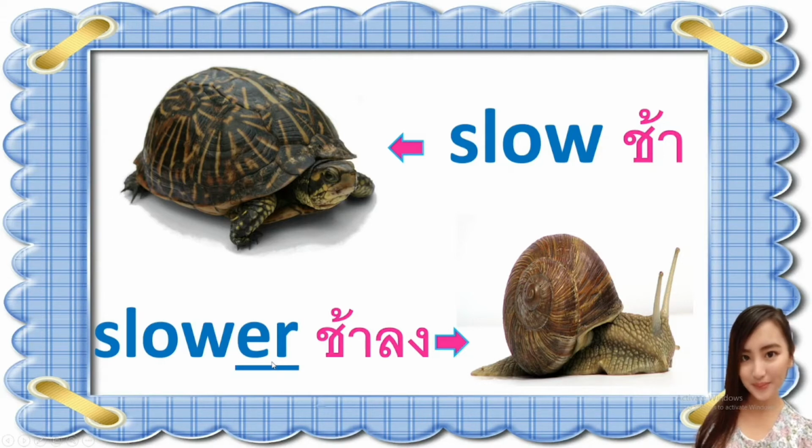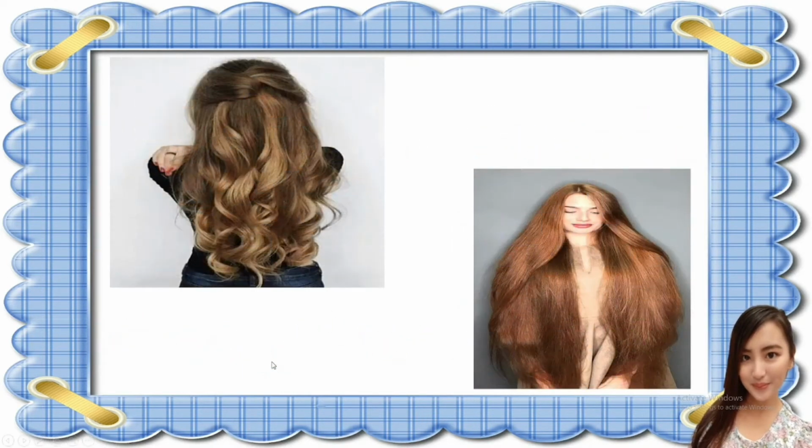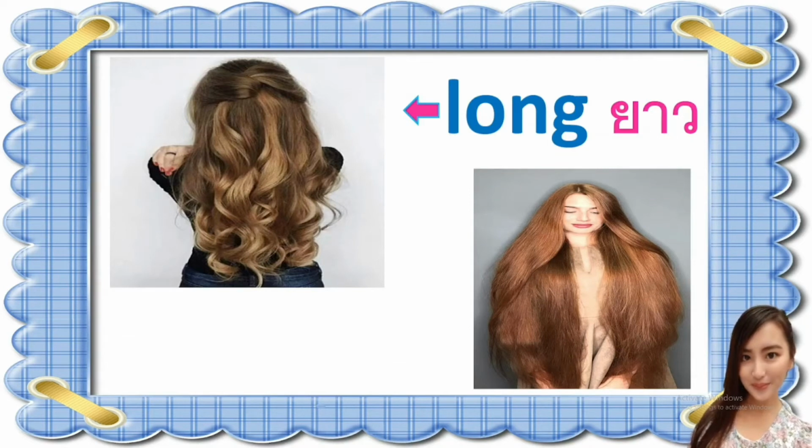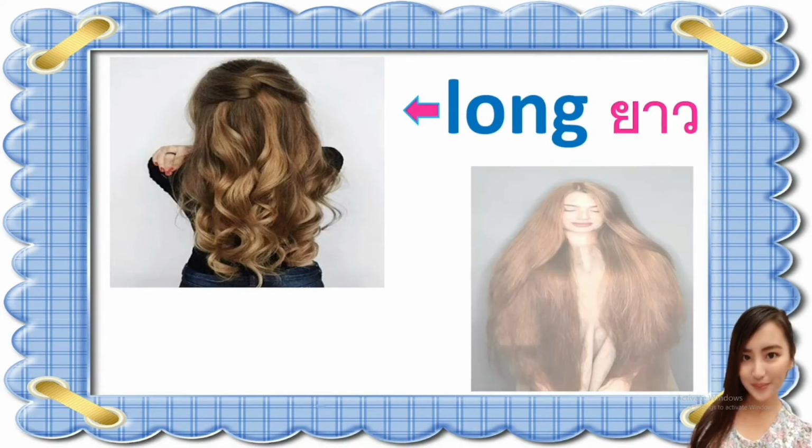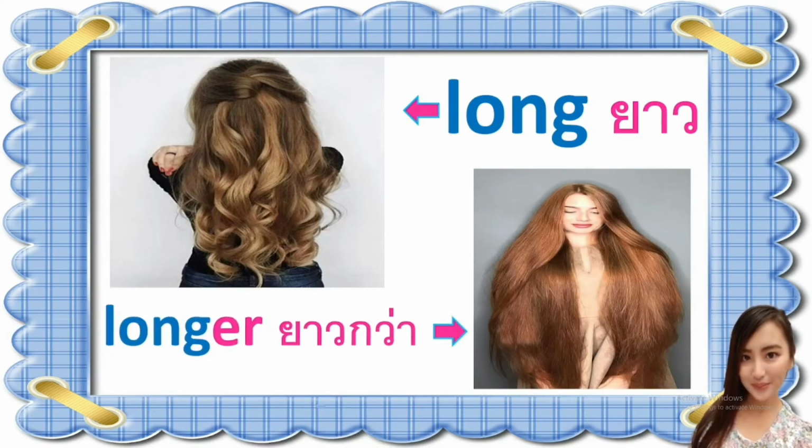Slower, plus ER. Next, long. Her hair is long. Longer, plus ER. Her hair is longer than her hair.